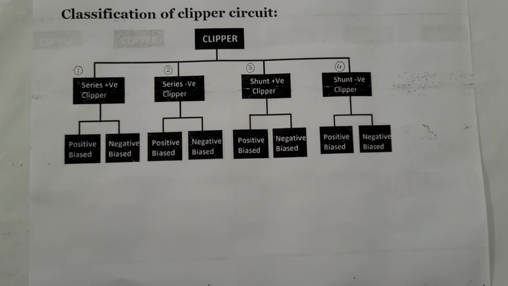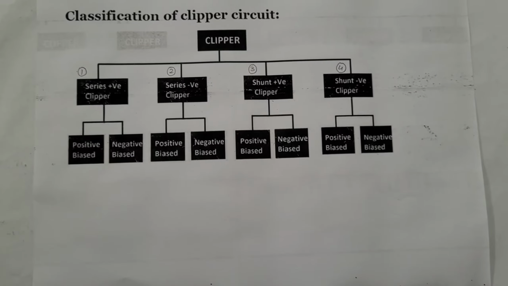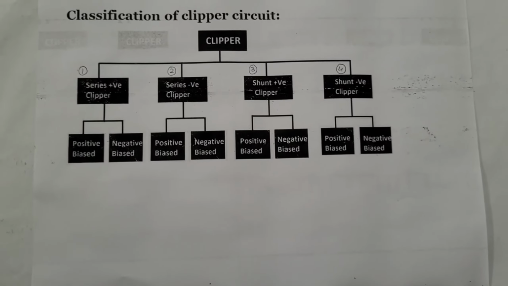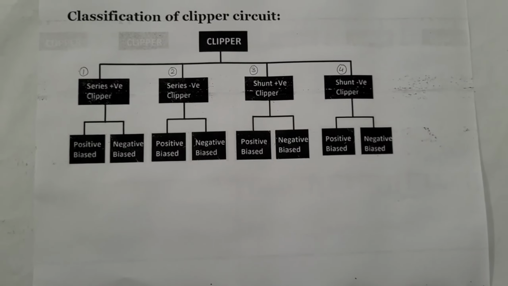Let's see the list of clippers based on series and shunt combination. The first list of clippers consisting of three circuits are namely series positive clipper, series positive clipper with positive bias, series positive clipper with negative bias. Second list of clippers are namely series negative clipper, series negative clipper with positive bias, series negative clipper with negative bias.